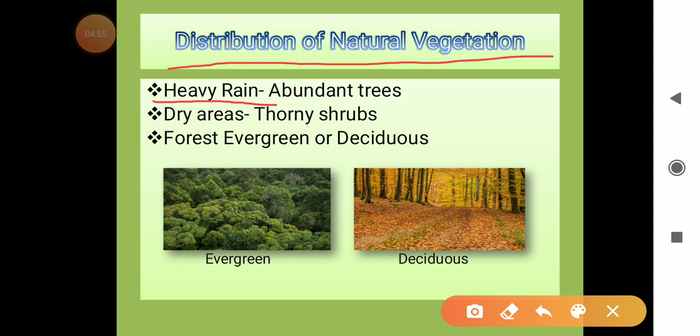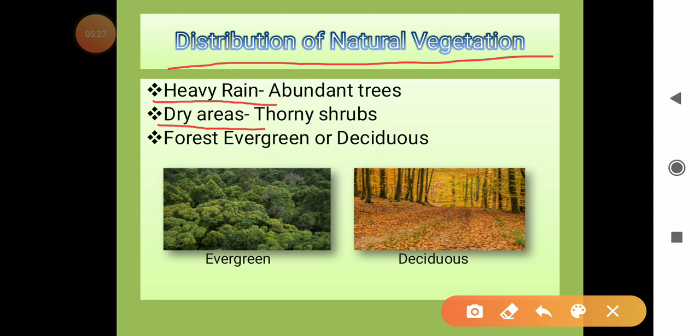Thorny shrubs grow in dry areas of low rainfall and have deep roots and leaves with thorny and waxy surface that helps reduce loss of moisture through transpiration. Again, tundra vegetation is found in cold polar regions and comprises mosses and lichens.